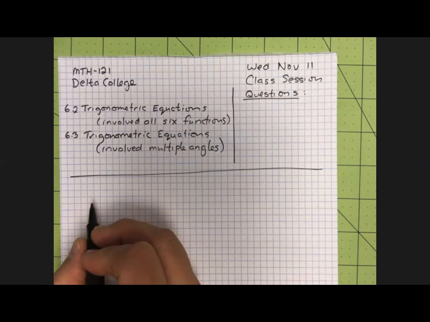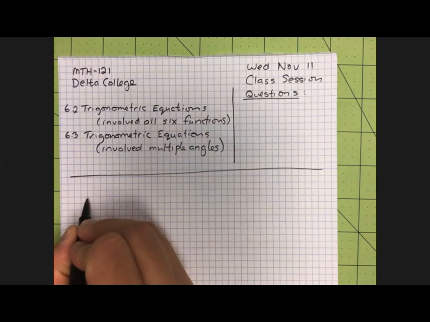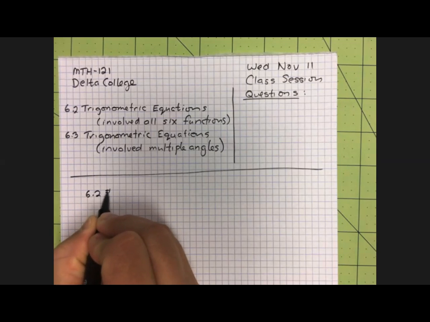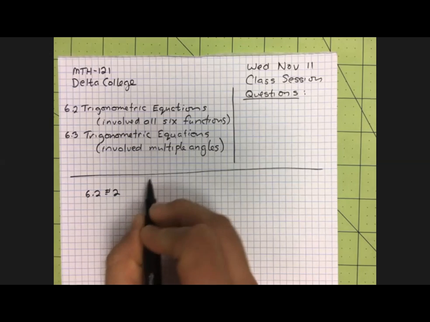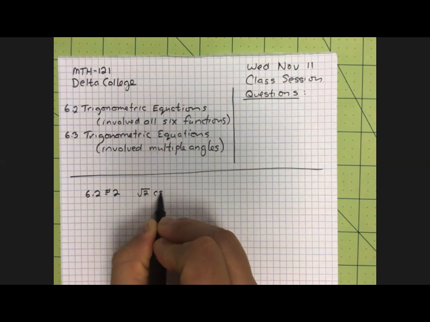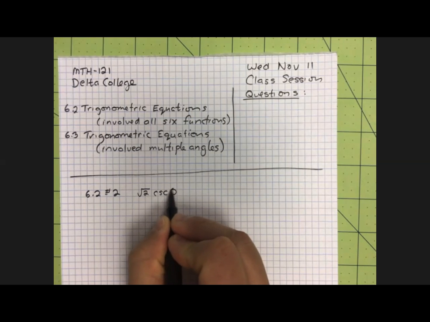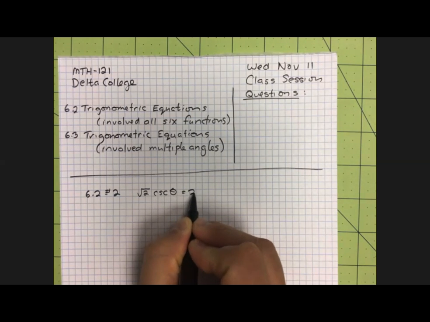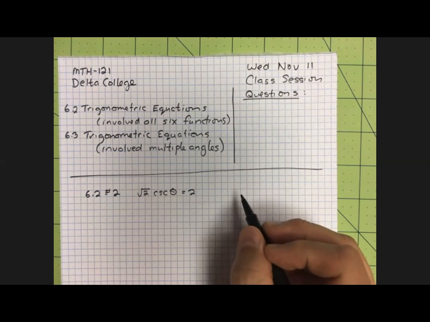Okay, let's go back and just warm up on one. I'm looking at 6.2, number 2. Square root of 2 times the cosecant of theta equals 2. And they express this problem in theta.